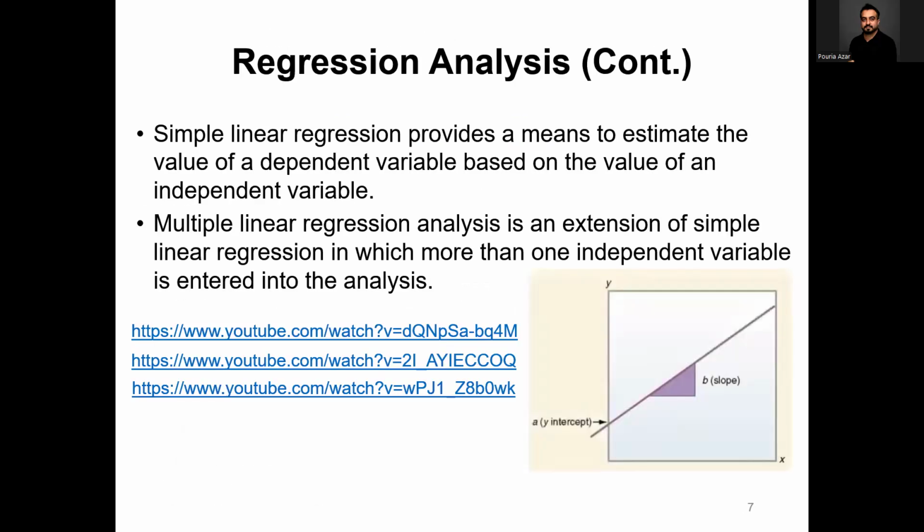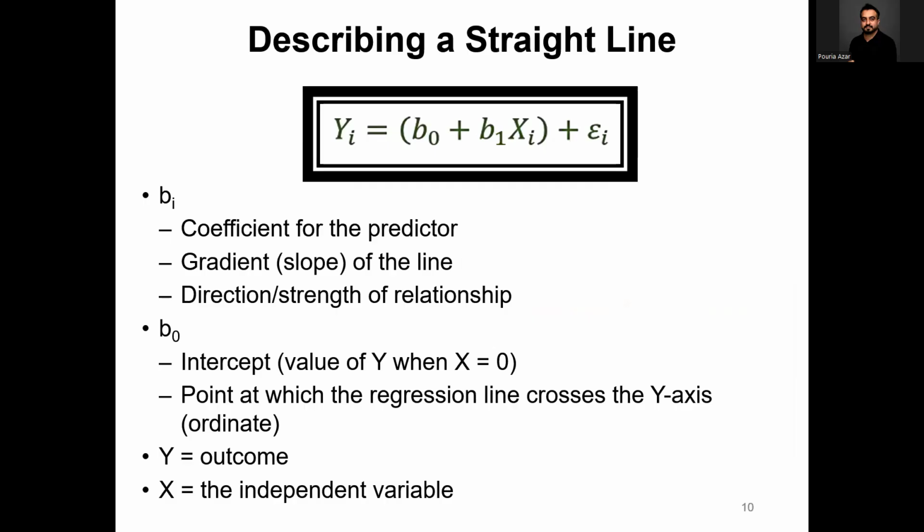Here, as we can see from the figure, we have beta, or slope, and we have the intercept. This intercept is where the line hits the y-axis, and that intercept is b0 in our equation.